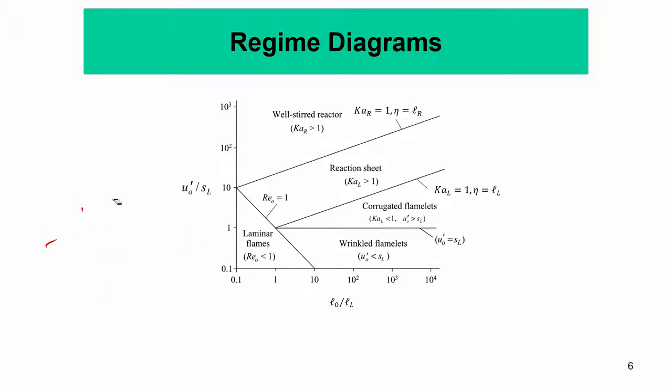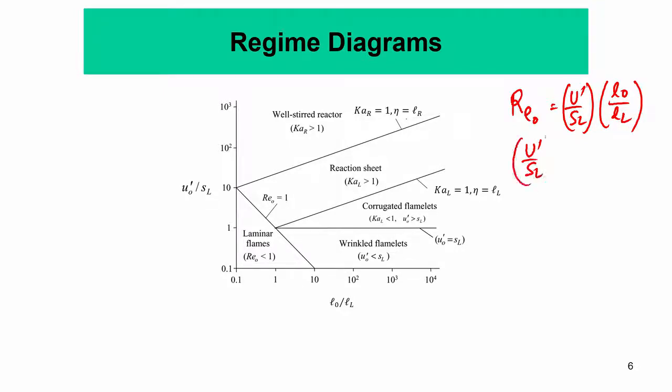So, the parameters that we had: the Reynolds number was u prime by SL times L0 by LL, or u prime by SL is equal to Re0 times L0 by LL to the power of -1.